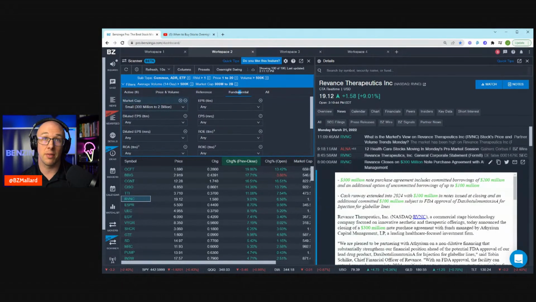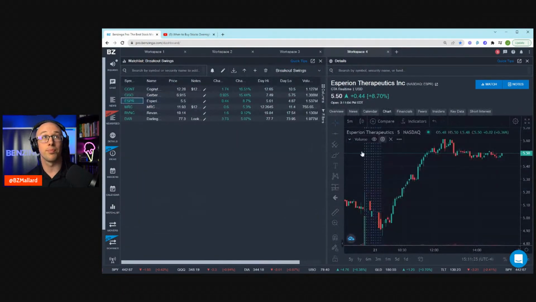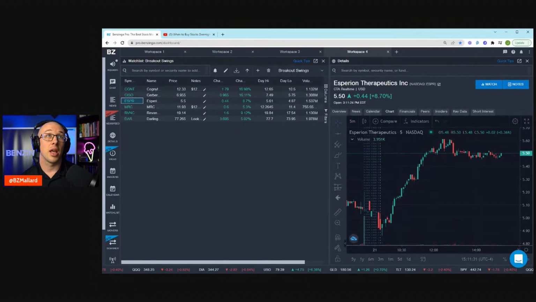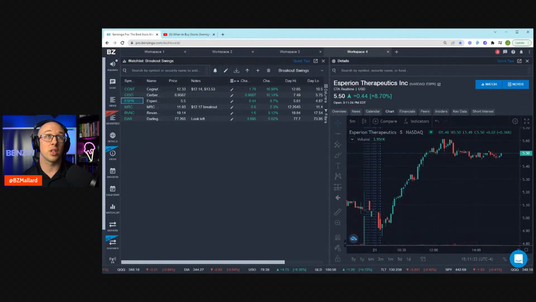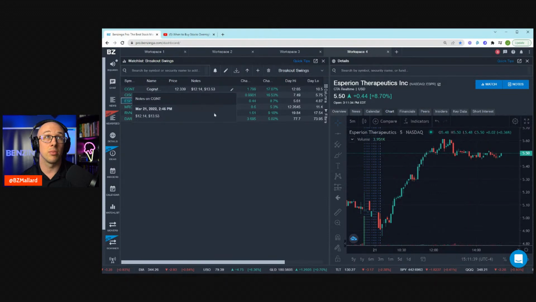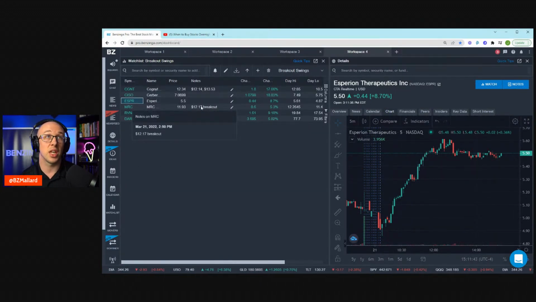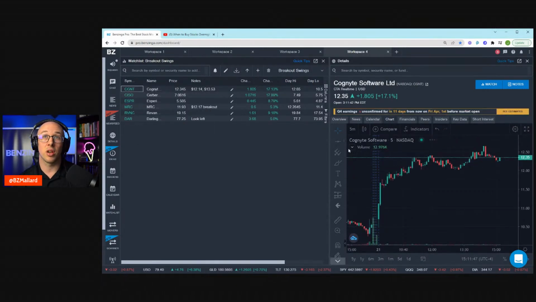And then finally, I can go over here to my watch list tool, and you can see that I created a watch list here called Breakout Swings. And this has all the companies that I found on my scanner. So now I already recognize some key levels, and I might have notated that in my notes section. And I'm just going to start clicking through these and looking at the 5 minute chart.